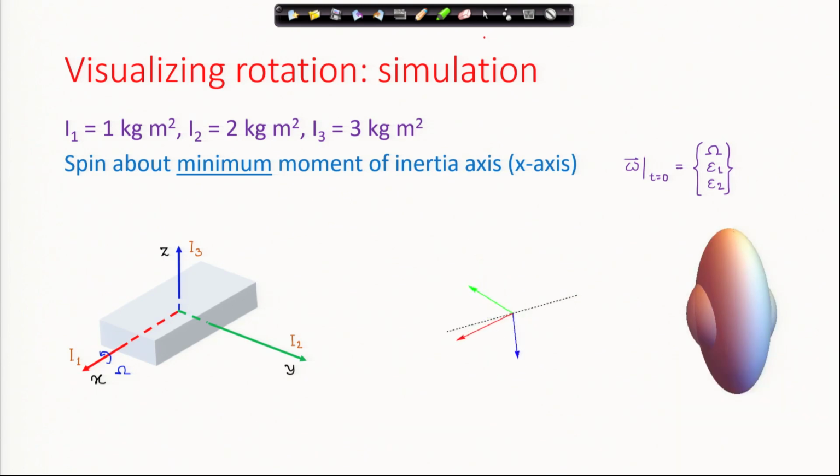I have solved these equations of motion and animated this, drawing the frames according to the values of yaw angle, pitch angle and roll angle. I have calculated the frames and plotted them as a function of time.